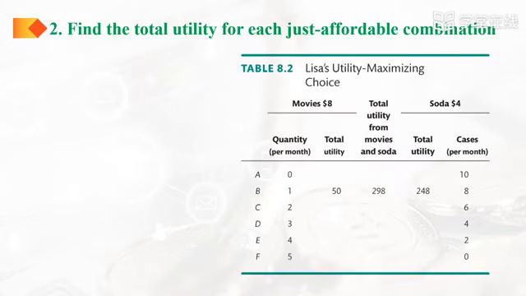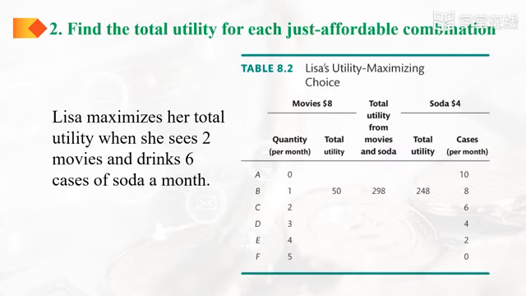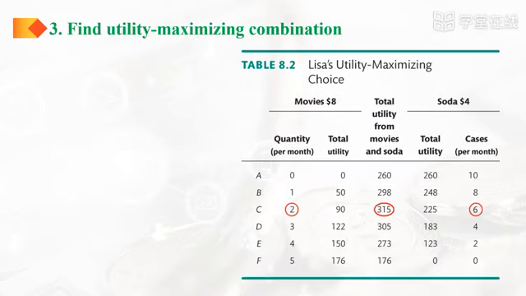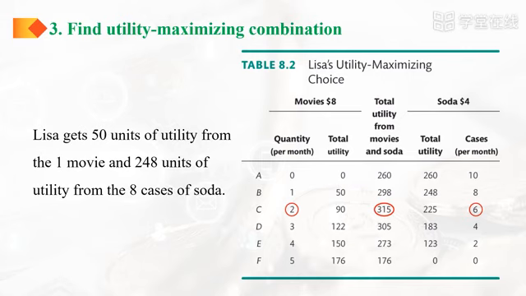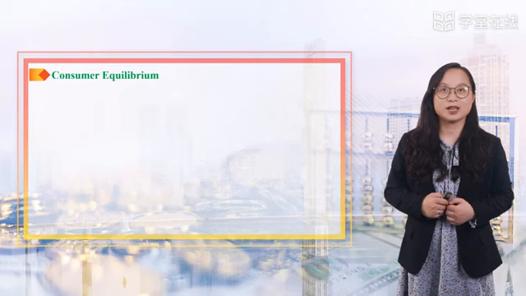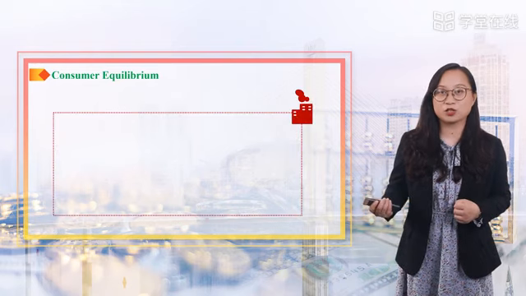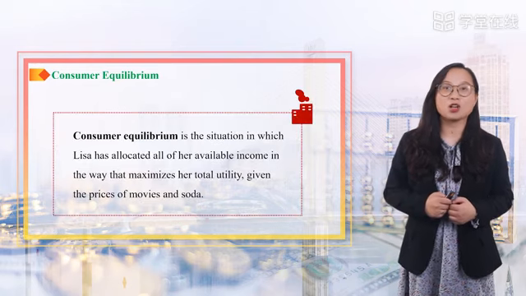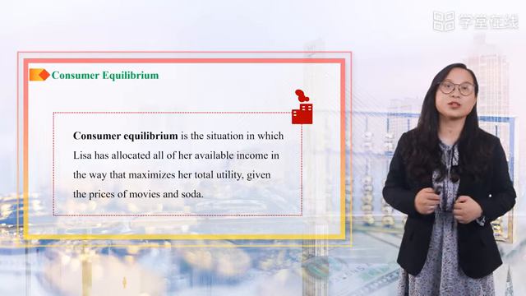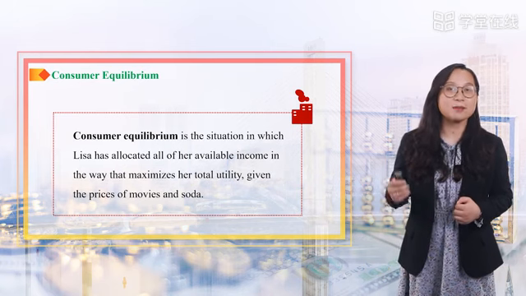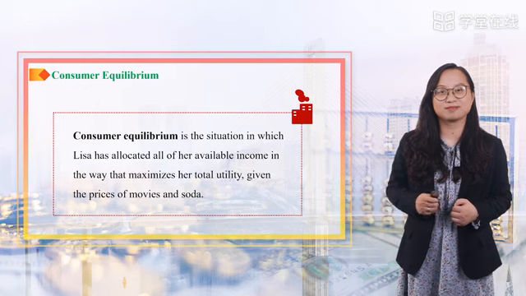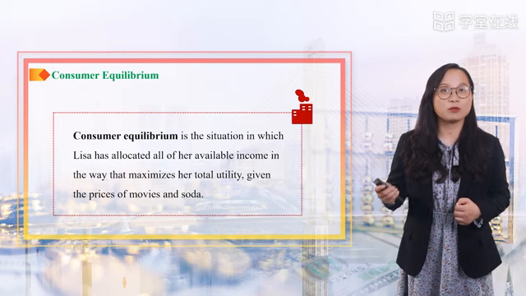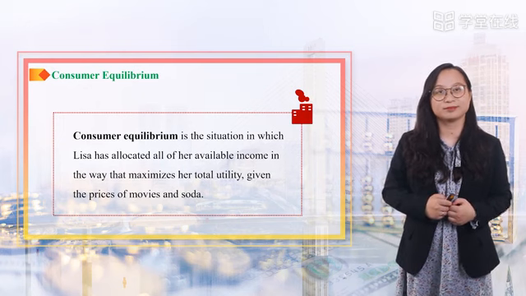Second, we figure out the total utility for each. At last, Lisa will choose the combination that gives her the highest total utility. This is the consumer equilibrium. It is the situation in which Lisa has allocated all of her available income in a way that maximizes her total utility, given the prices of movies and soda.